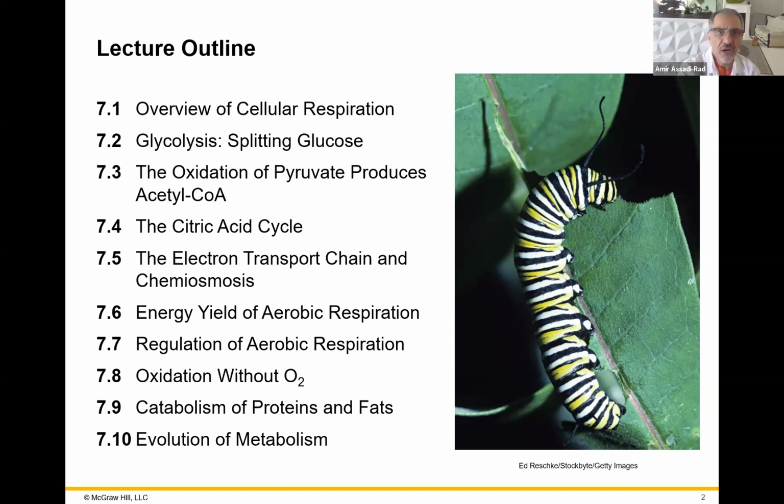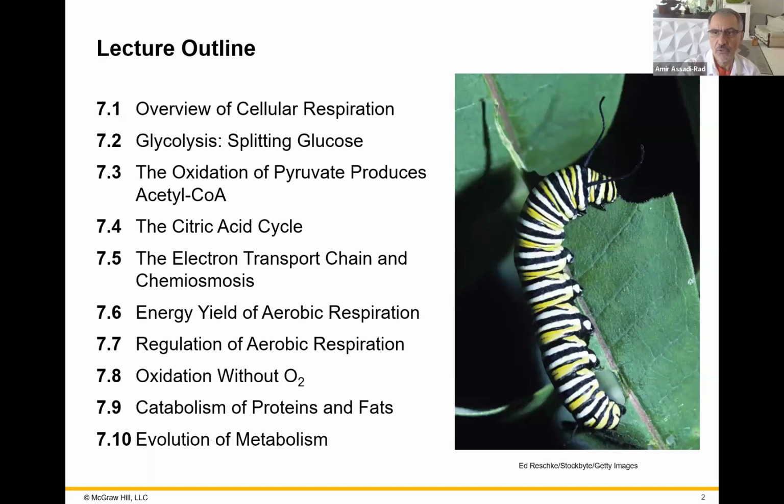Anyhow, glycolysis. Yes, we will talk about that. Oxidation of pyruvate. Remember oxidation? We talked about this. When a molecule loses electrons, like sodium, it underwent oxidation.